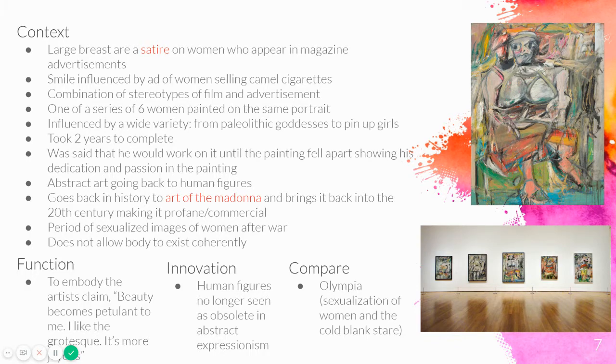Again, this was a series of 6 women, influenced by a wide variety of women in history, from goddesses to pinup girls. This series took about 2 years to complete.